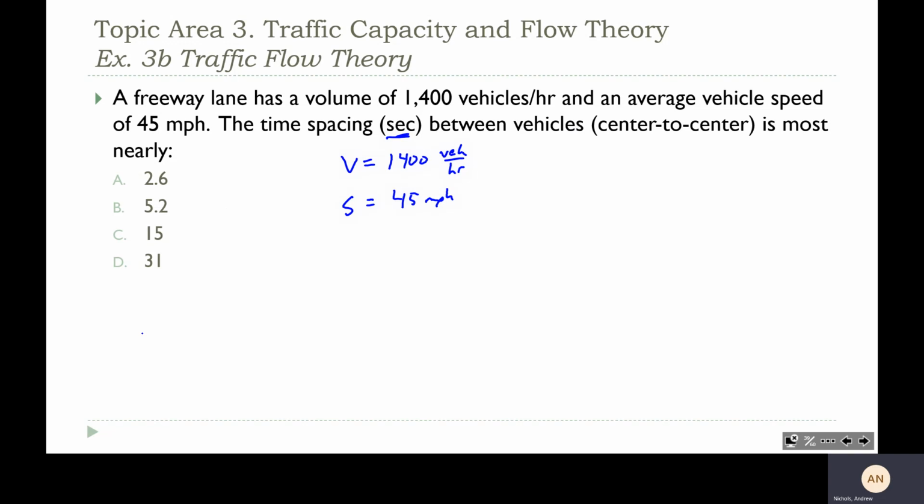So another way to think about it, how many seconds are in an hour? So if we've got 3,600 seconds per hour, and we've got 1,400 vehicles that are passing through, I think 3,600 divided by 1,400 gets us there, doesn't it? Right.